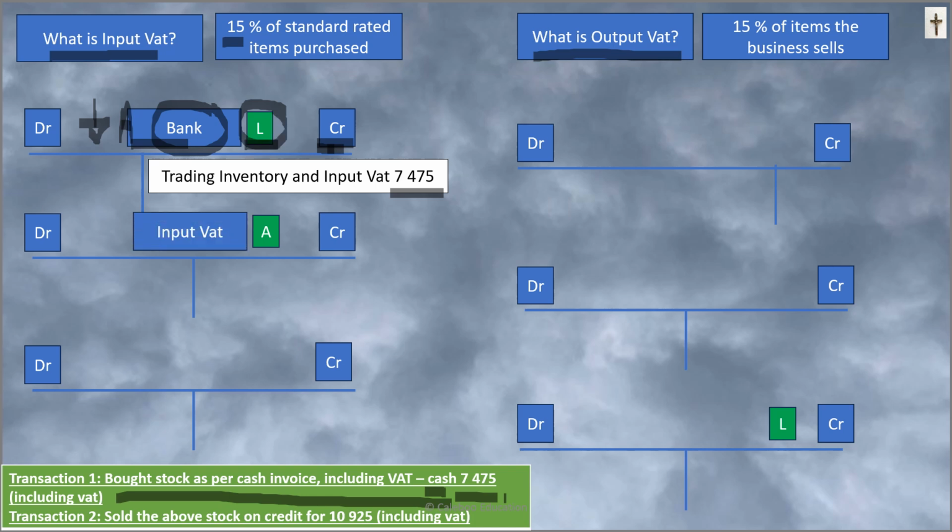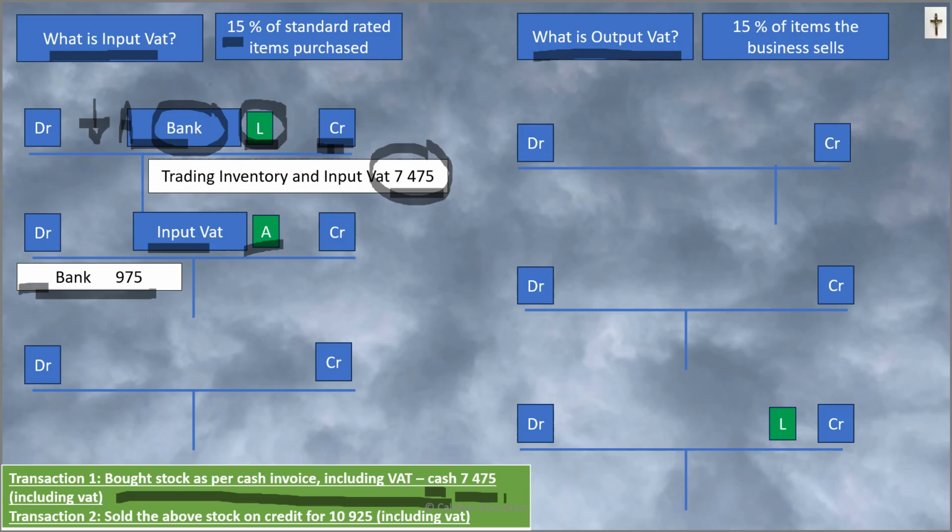The next account, which is an asset, and it's the first time you're hearing this, input VAT is an asset. The asset gets debited because we can claim 975 of the 7,475 because stock is a standard rated item.